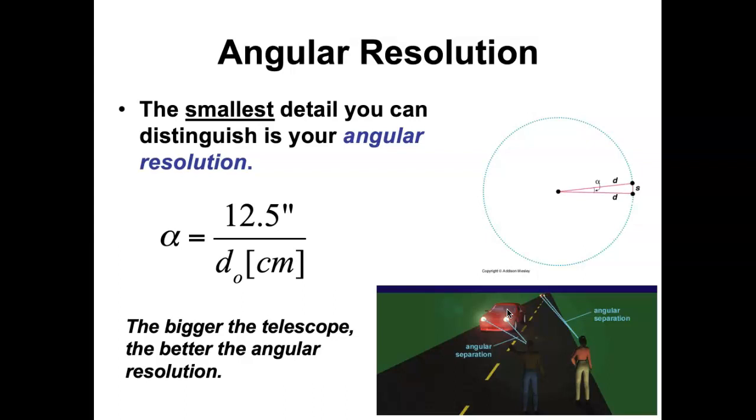the mirror in centimeters. So if your telescope has a larger diameter objective, what happens to the alpha? As diameter increases, alpha decreases. And that's a good thing, because a smaller alpha means you can clearly see smaller and smaller details.